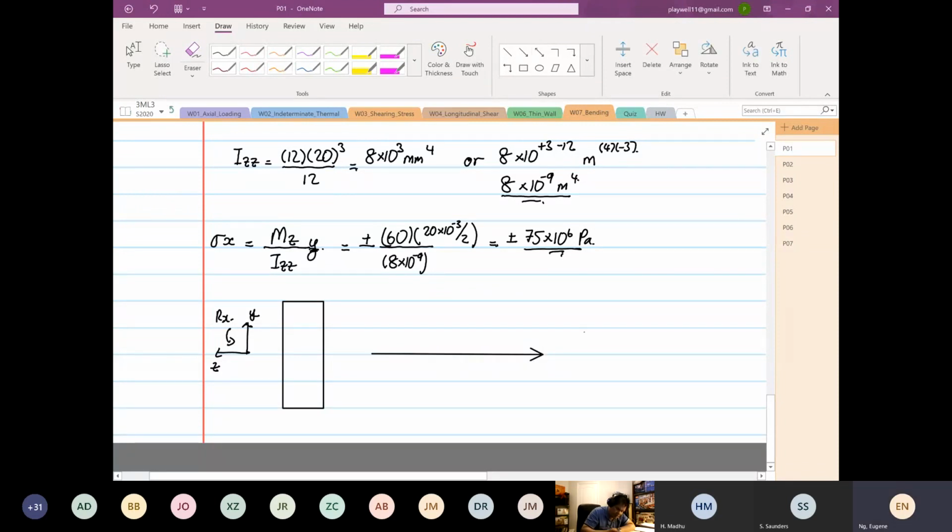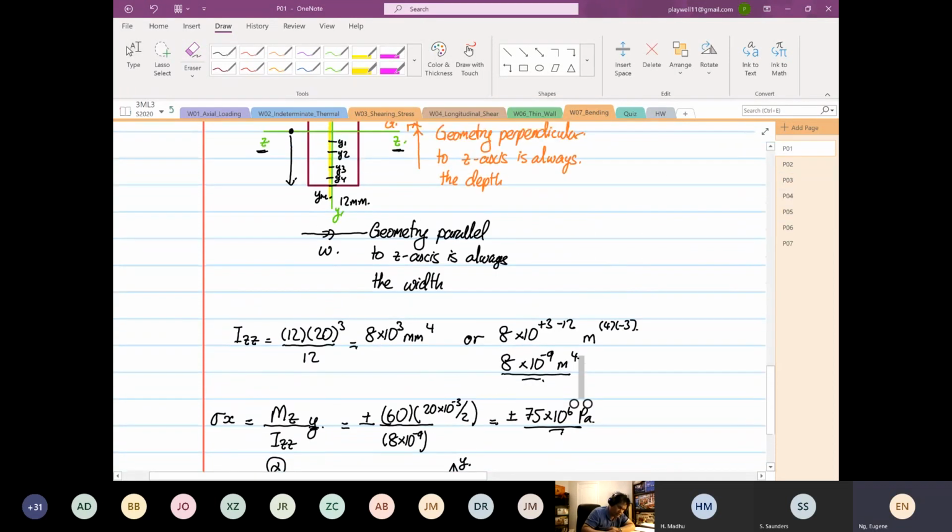So this is our stress x. And then over here, this is our y. Remember, we call this point alpha and we call the other one beta.